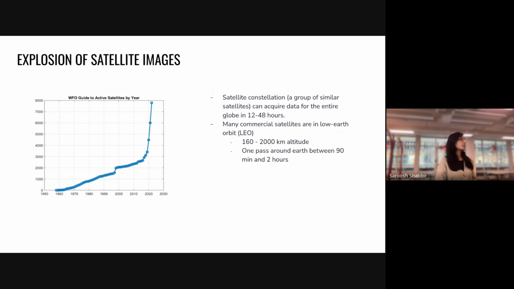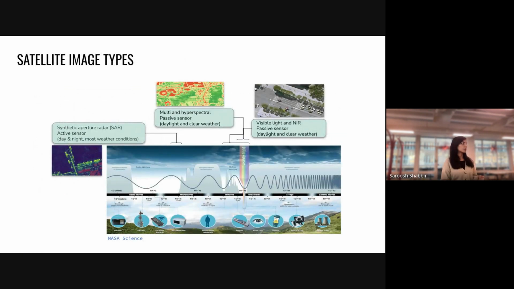And they're fairly quick in acquiring a succession of images for a particular location, which allows us to be able to monitor these locations in almost real time. And also there tends to be a constellation of satellites from which you can aggregate the data for the same location and increase your inference for your particular domain.